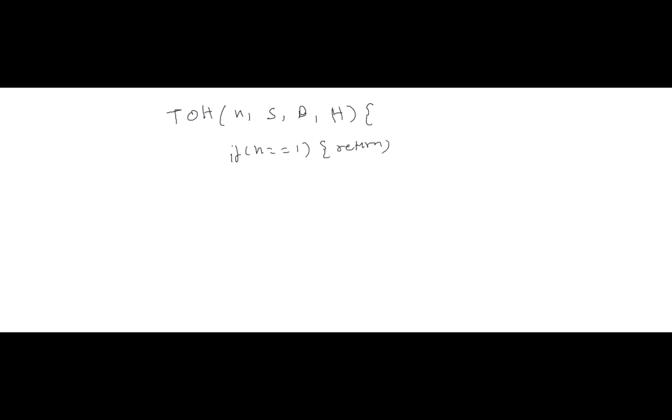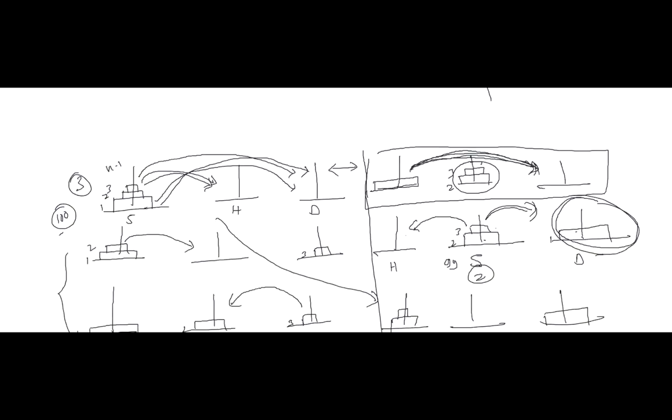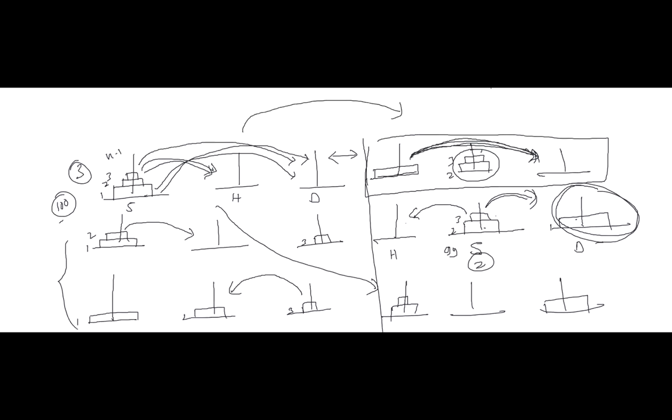Otherwise we are going to do tower of Hanoi with n minus 1 nodes from source to helper with the help of destination. Let me show you this one. Just think about from here to here. These n minus 2 nodes I am sending.